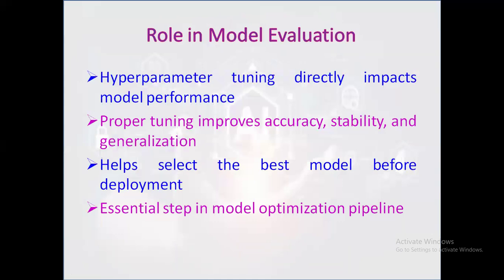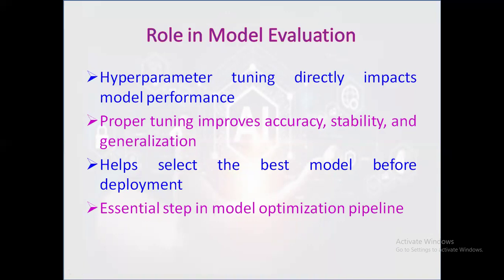So, role in model evaluation. Tuning directly impacts performance. Hyperparameter choices strongly affect how well a model learns patterns and generalizes to new data. It improves accuracy, stability, and generalization. Proper tuning ensures the model converges smoothly, avoids overfitting, and performs reliably on unseen samples, and helps us select the best model before deployment.